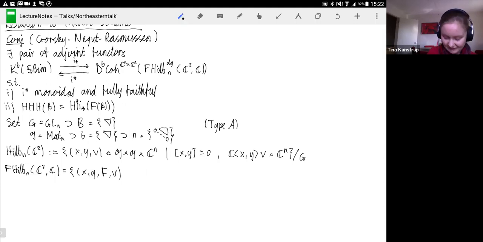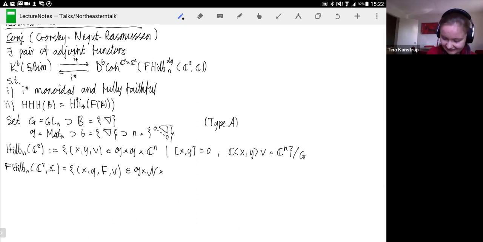So now I have three things. I have two matrices, but I want one of them to be nilpotent. This is this kind of weird C part of the notation. If I take the usual Hilbert scheme without the C, I would have put just my g here. So this is the nilpotent.